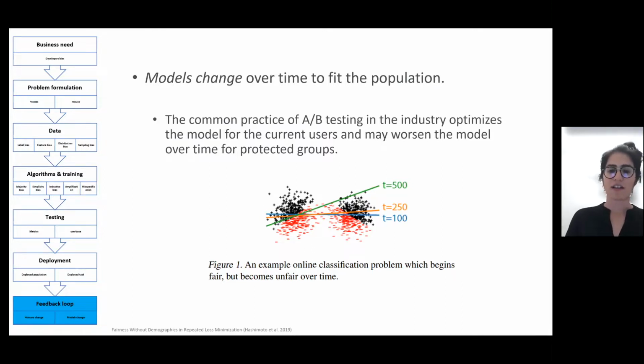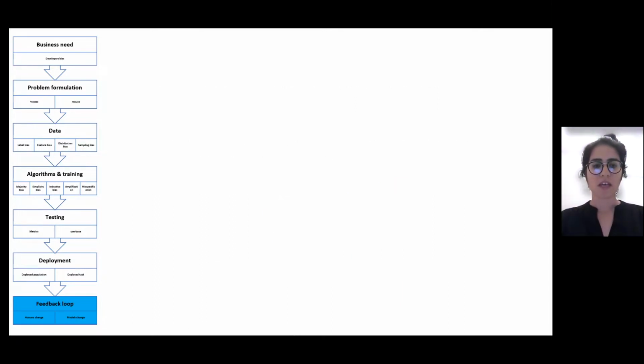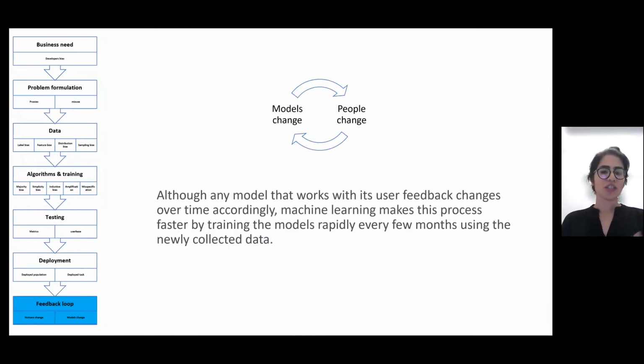And after a while, it has a very bad performance on the right group. So in general, any model that works with user feedback changes over time accordingly, but machine learning makes this process faster because it's really good at optimizing over many different features, and we do this rapidly every few months using the newly collected data.